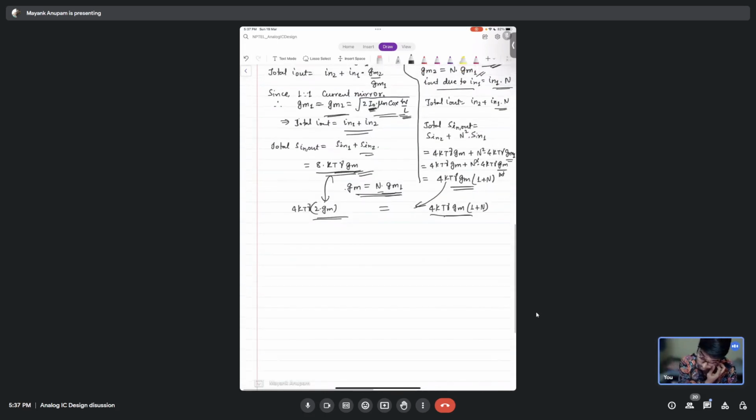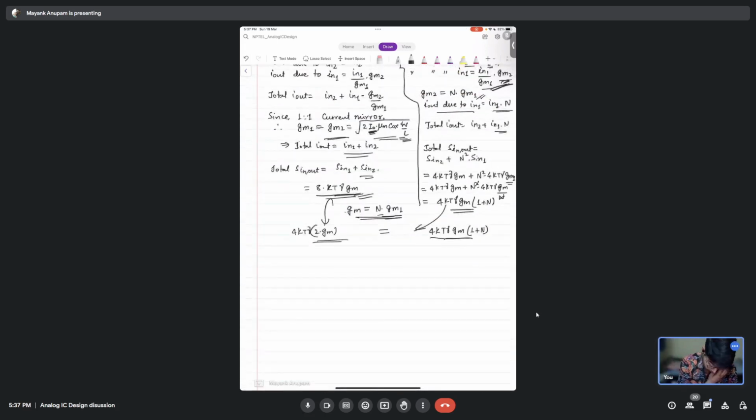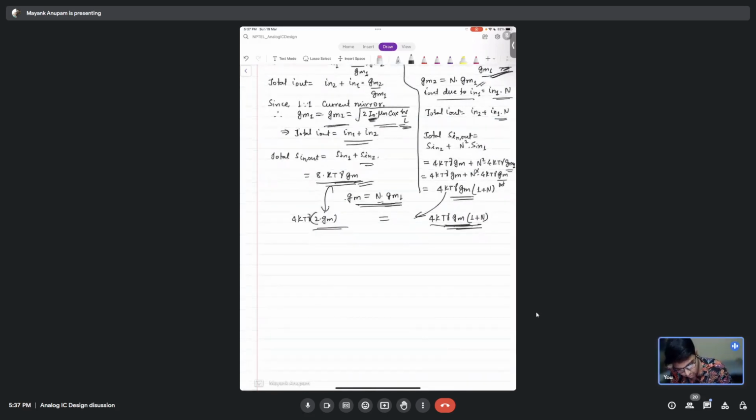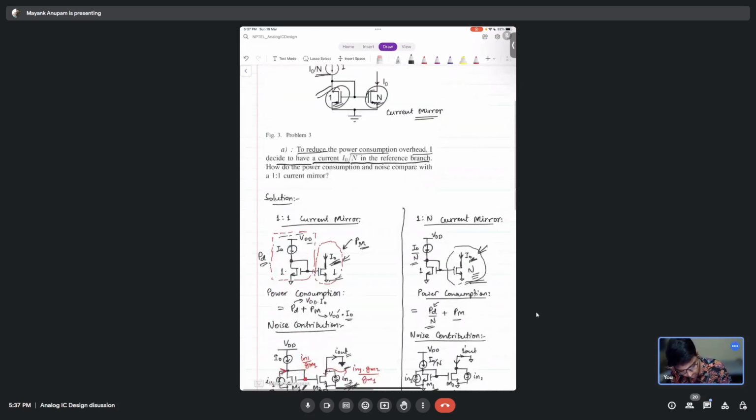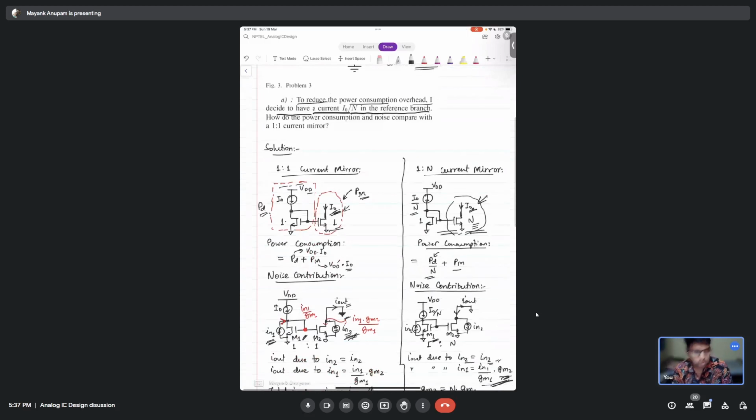But for n greater than 1, what happens? This term becomes larger. So the moral of the whole story is that if you do 1:n current mirroring, you will definitely save in terms of power. Power consumption in the second case is definitely less than the first one.